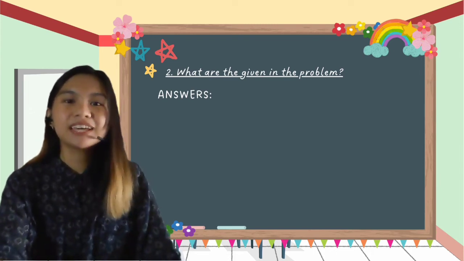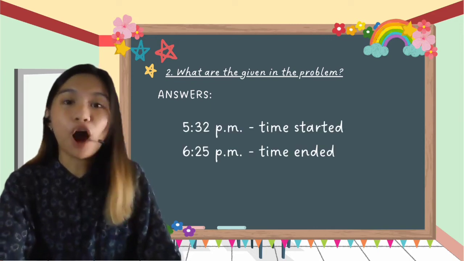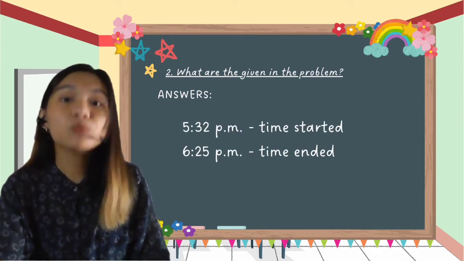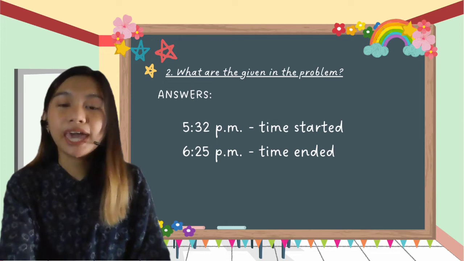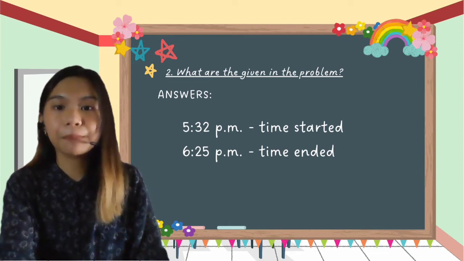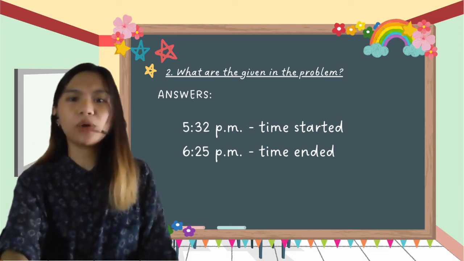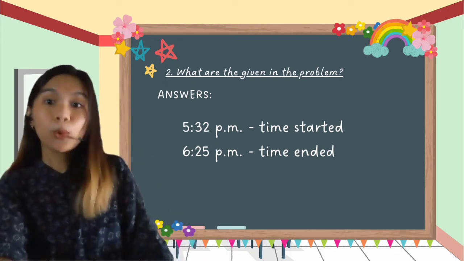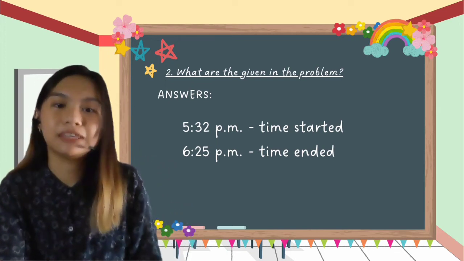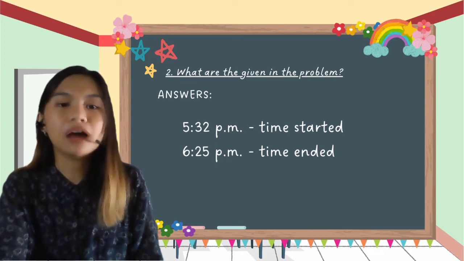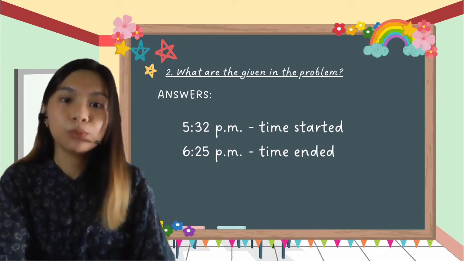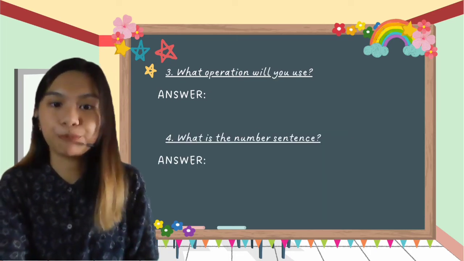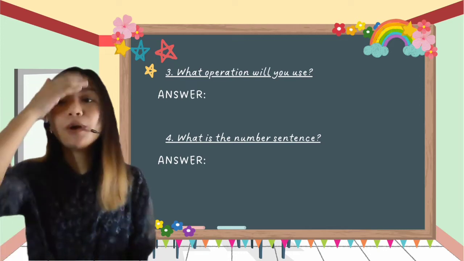Okay. So the given in the problem are 5:32 p.m., which is the time they started, and 6:25 p.m., the time they ended. Okay, so we already know what is being asked and the given in the problem. How about the next question? We have here the number 3 and number 4. Yes, go ahead.